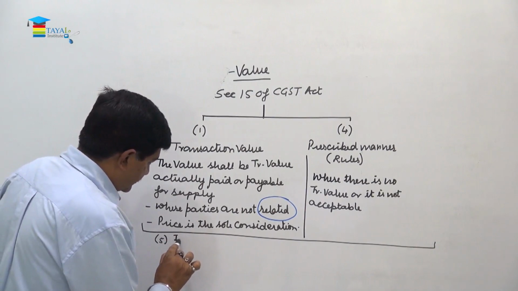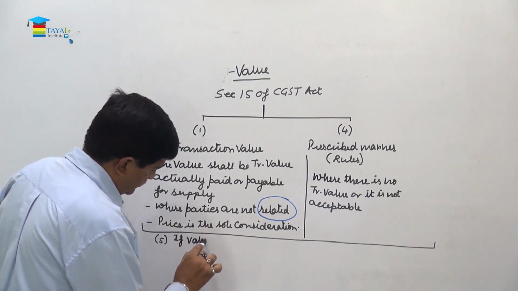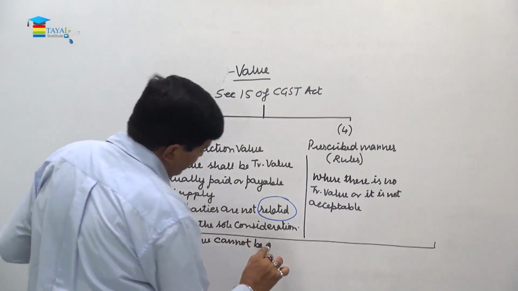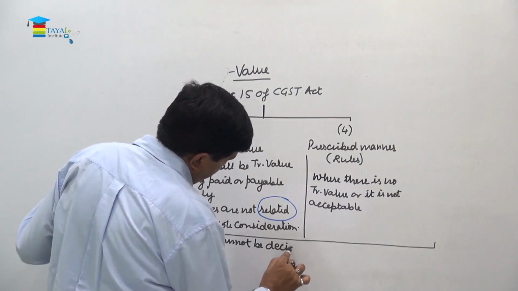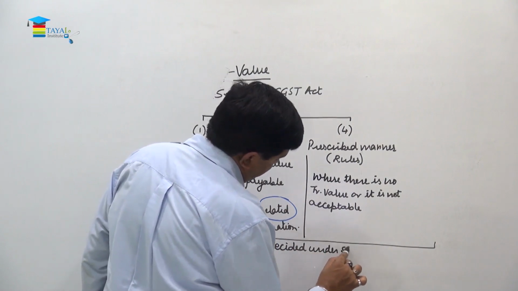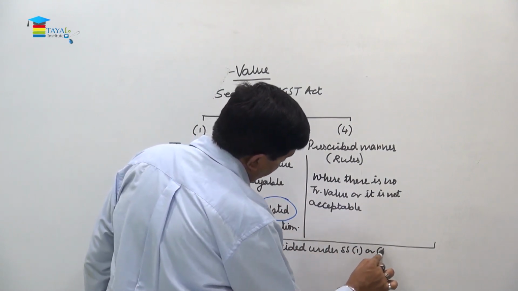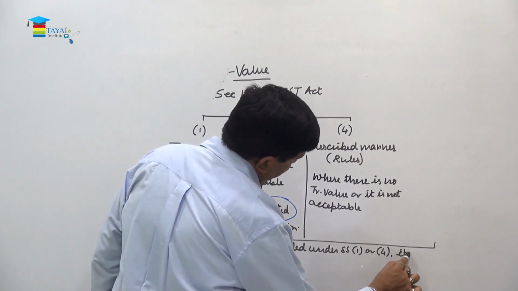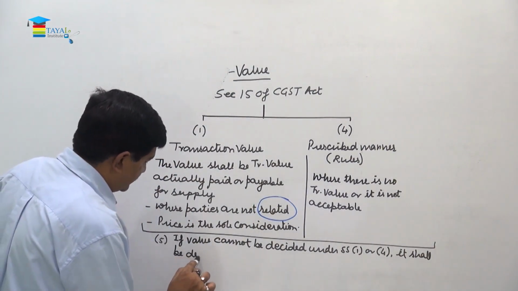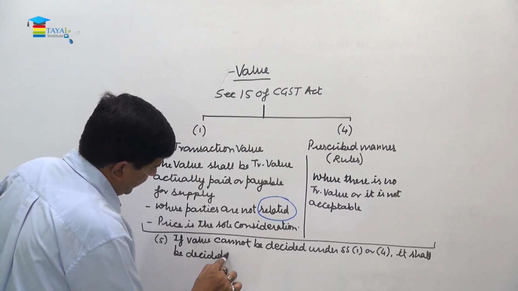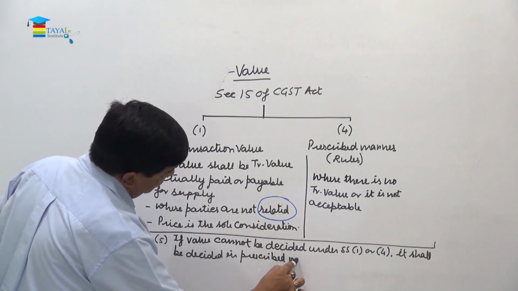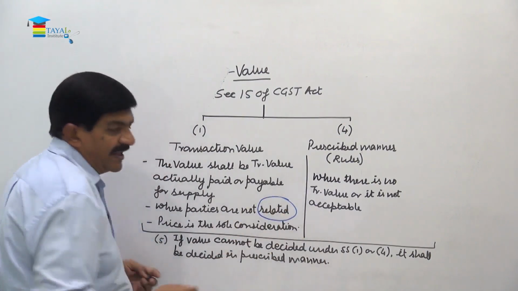So if value cannot be decided under subsection 1 or 4, it shall be decided in prescribed manner.